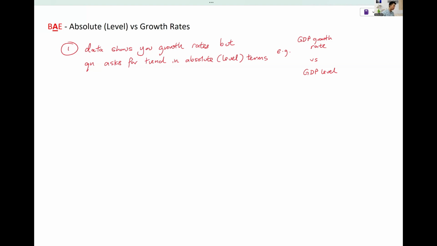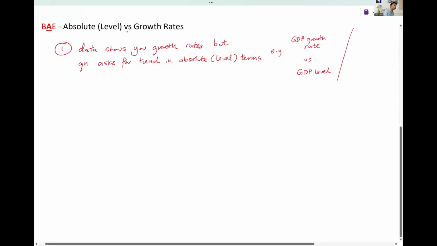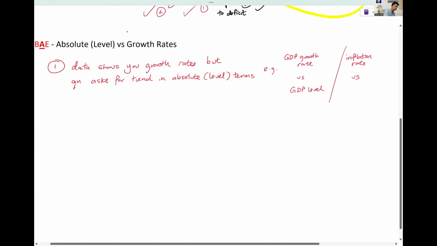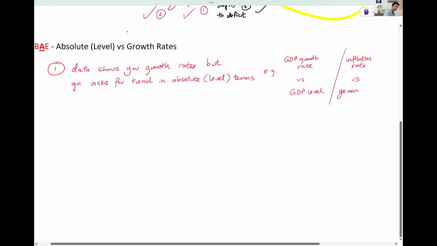Or alternatively, the data shows me inflation rate. Can you tell me what's the underlying level term that corresponds to inflation rate? Inflation is the percentage change in what? Price level, absolutely. All right. So they ask for the trend in general price level.